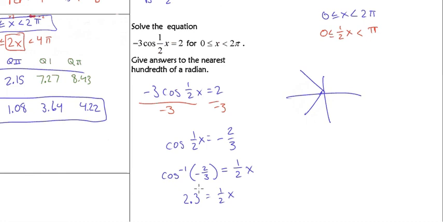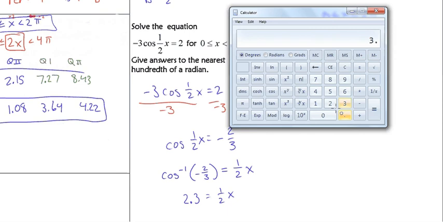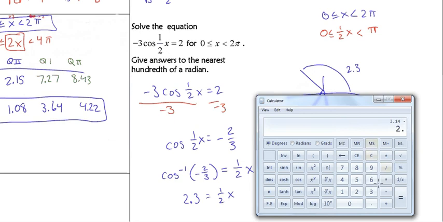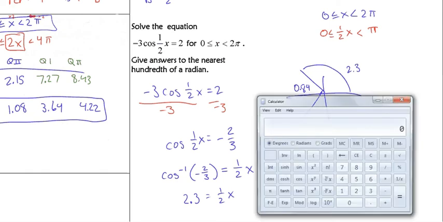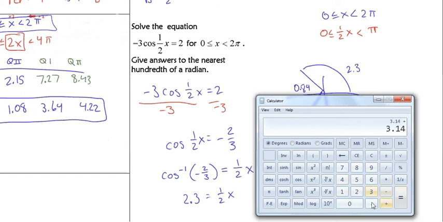And we're given that the angle is 2.3 radians, which means our reference angle would be 3.14 minus 2.3. So our reference angle is 0.84 radians. Here in the third quadrant, it's going to be 3.14 plus 0.84 radians, and so 3.98.